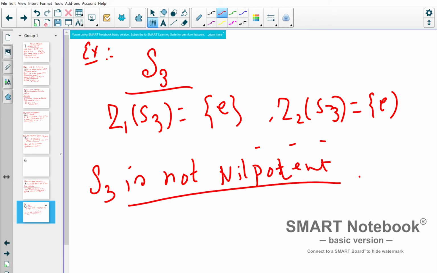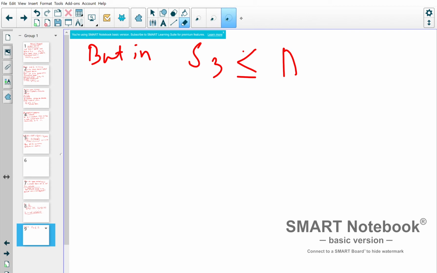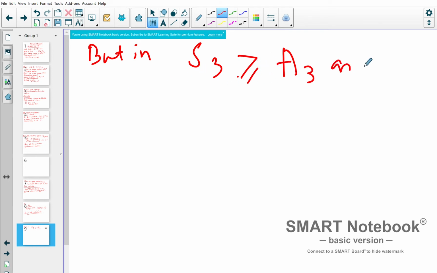But we will show that S3 is actually solvable. Why? Because in S3 you have something called A3, the alternating group, sitting inside S3 as a normal subgroup.